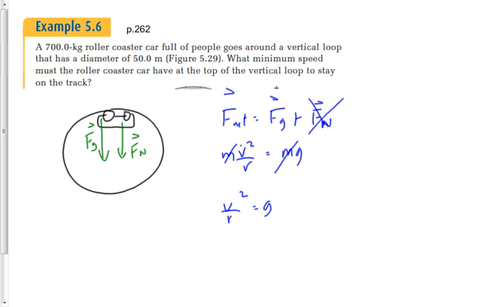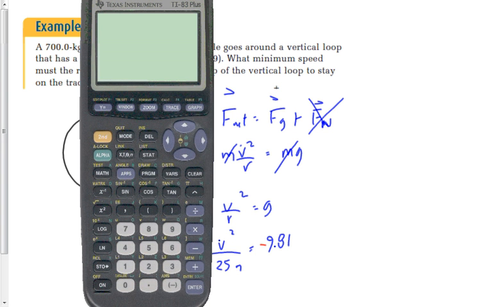Solving for v, r is 50 meters. No, r is 25 meters because that was the diameter. G is 9.81. Now, technically, that's a negative because it's downwards, and that's a negative because it's downward. Although they cancel each other out, so if you left them both as positive, it would work. Let's solve this one now.